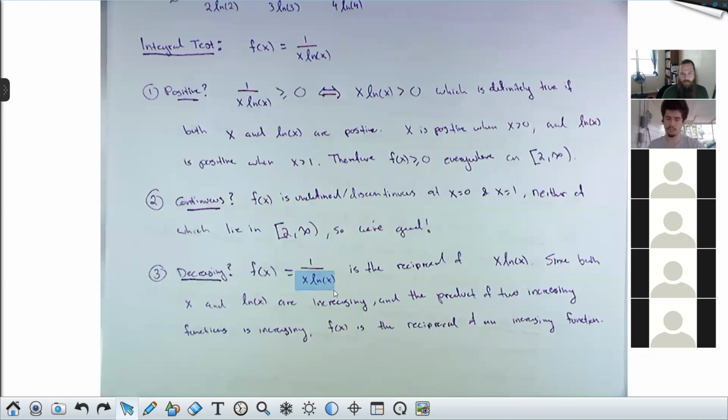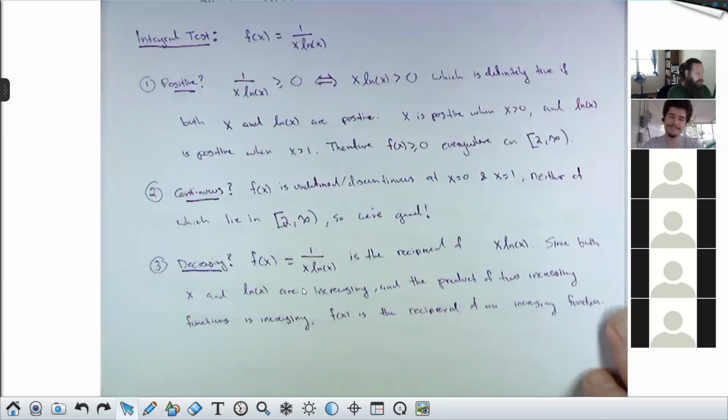Why? Because x on its own is an increasing function. I know that graph. Natural log of x on its own is an increasing function. I know that graph. And if you multiply 2 increasing functions, you get an increasing function. Therefore, this is 1 over an increasing function, i.e. the reciprocal of an increasing function, and we know that those are always decreasing. So this is as quickly as we can get through these 3 hypotheses, and you notice it is still quite a bit of work.